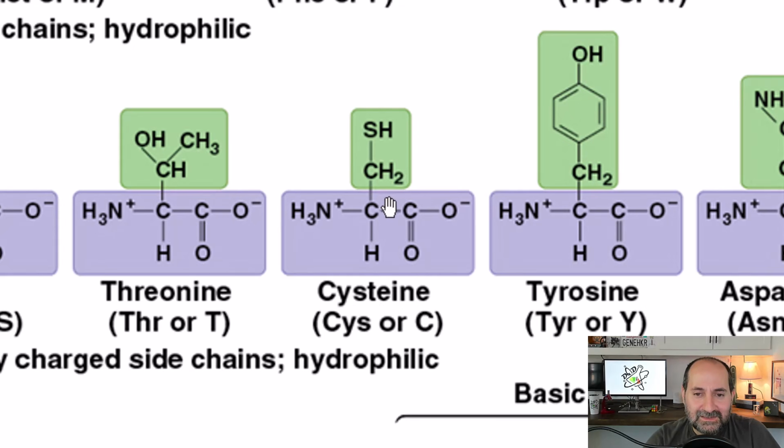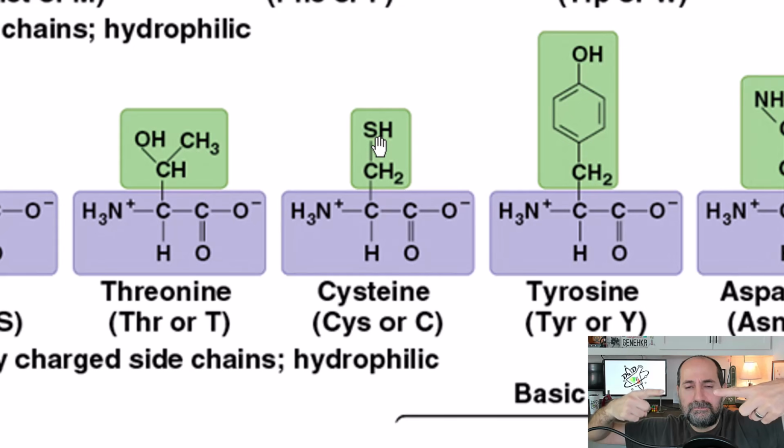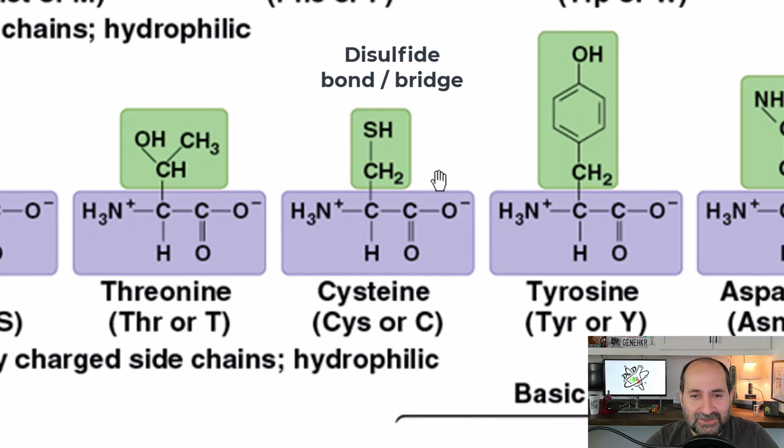Cysteine's R group has a sulfhydryl functional group at the end. When one sulfhydryl group meets another sulfhydryl group, what happens? They form a real covalent bond known as a disulfide bridge.